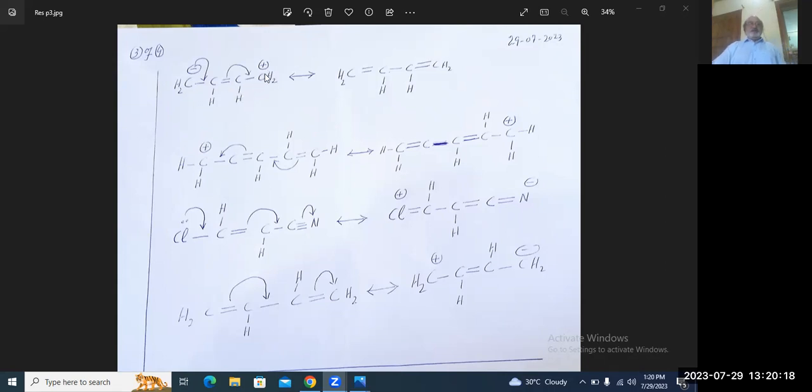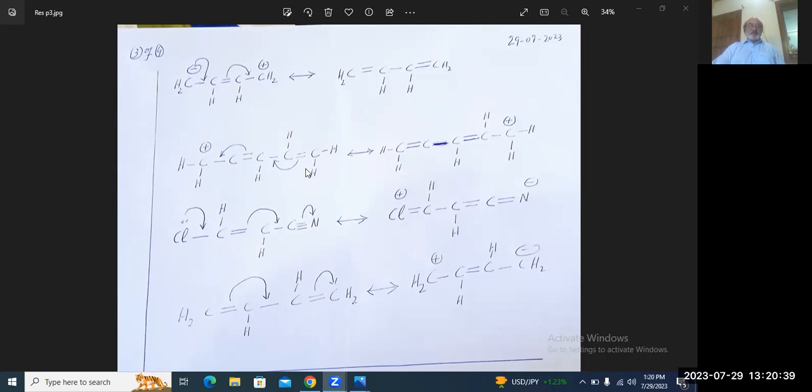So double bond, single bond, deficiency of electrons. So resonance can occur. The electrons come here, this will come here, and we will get this type of resonating structure here, the neutral molecule.